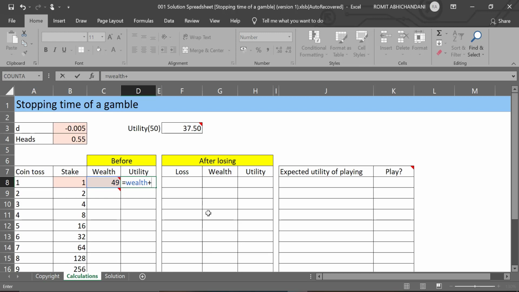So wealth square, multiplied with the D. Okay, so this is 37, right?